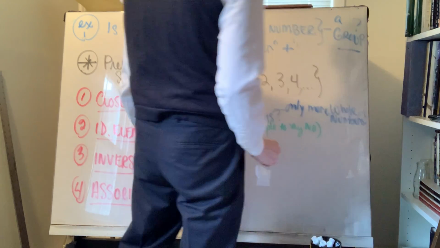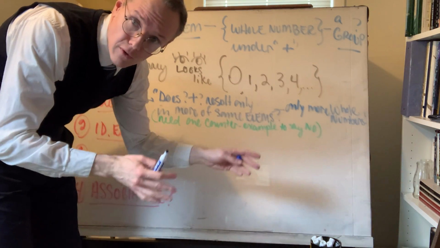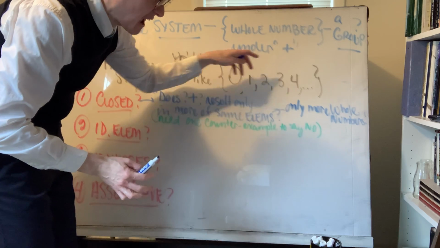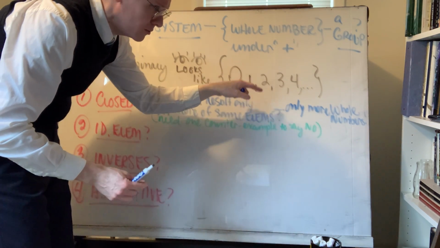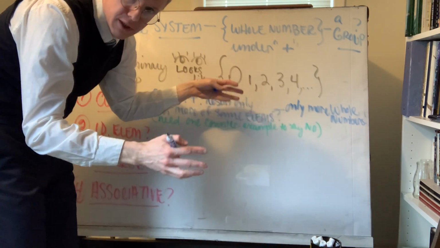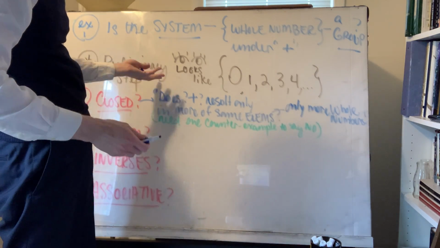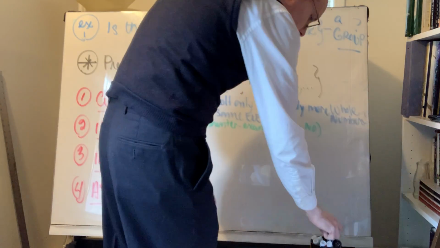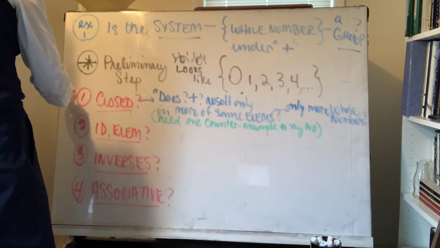Right? Or another way of phrasing it is, what is contrary to the concept of whole numbers? Do you ever get fractions when you do this? If you added a bunch of whole numbers, would you ever get a fraction? No, you'd get another whole number potentially, right? So, is this closed? Yes. It's a little bit hard to wrap your mind around because it's a little alien, but you would say yes.